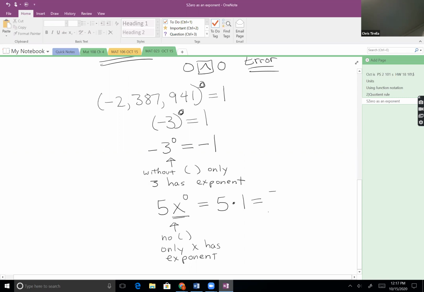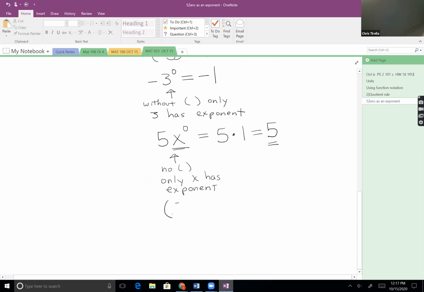So with this one, my final answer would be 5. Instead, if I had written that in parentheses, 5x in parentheses to the 0, well, then I've got a single quantity to the 0 power, and that will equal 1. Does everybody see the subtle differences between these two examples?